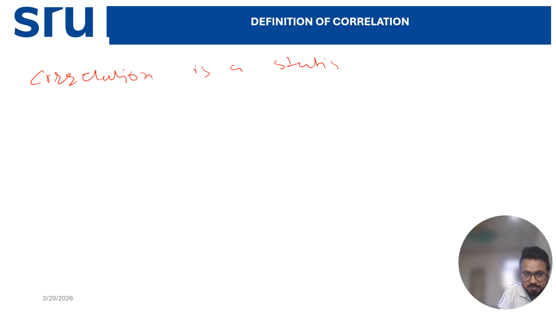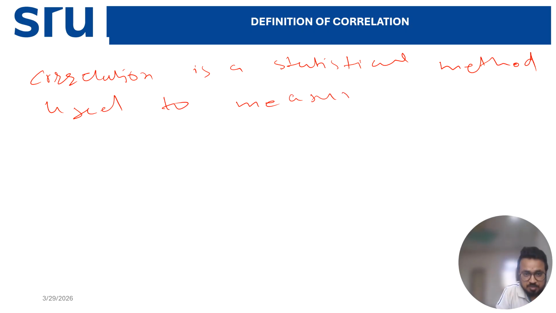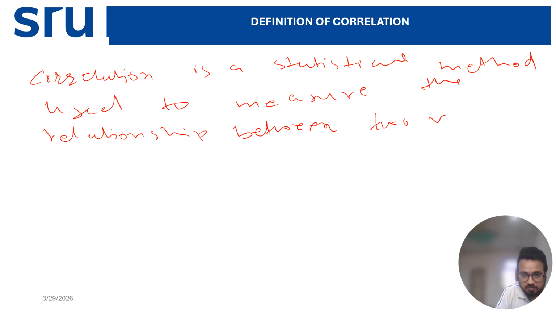Correlation is a statistical method used to measure the relationship between two variables.